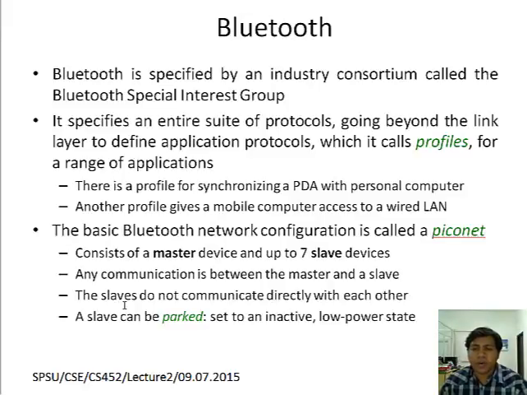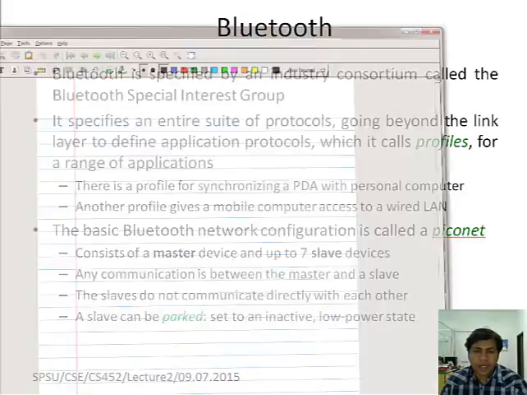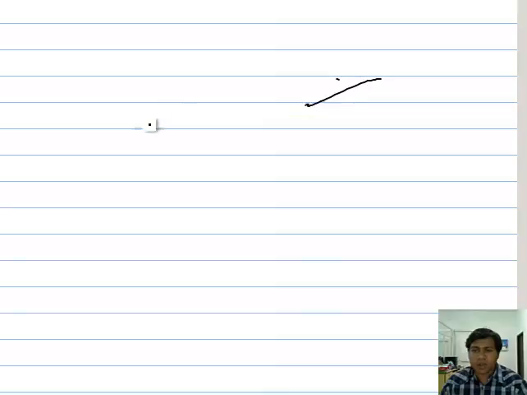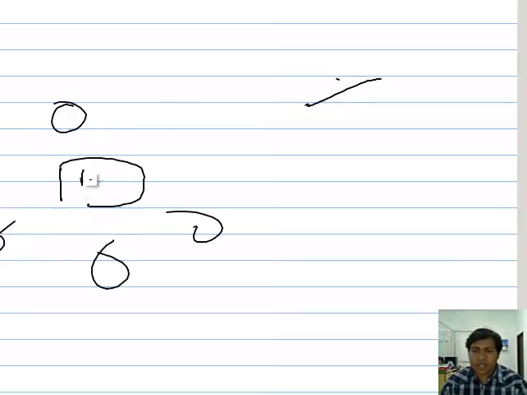Now when we talk about Bluetooth architecture, as already mentioned, we talk about piconet and scatternet. If you look into the architecture in detail, it has Bluetooth piconet and scatternet. For example, if we are creating a small network with devices, this is a master, this is called a slave.